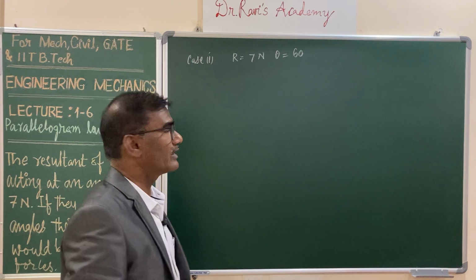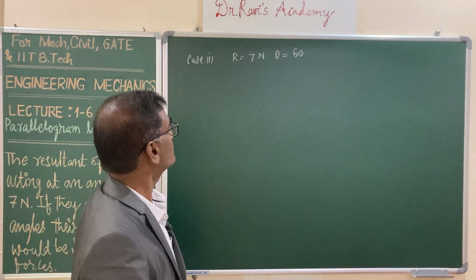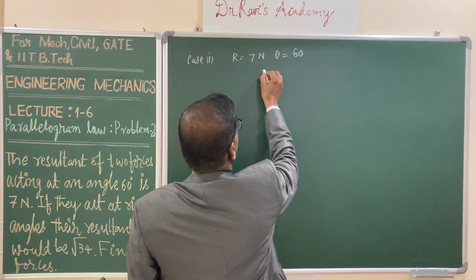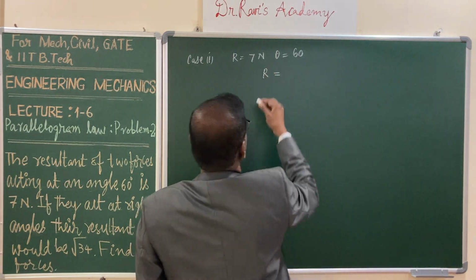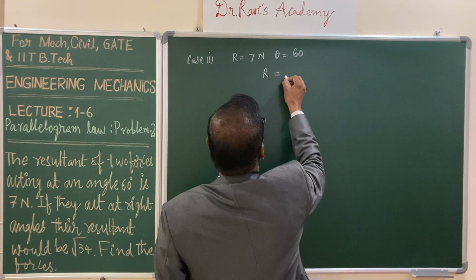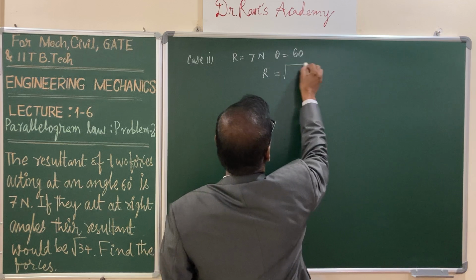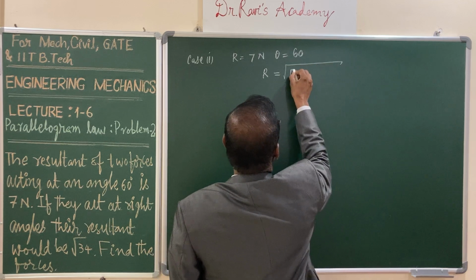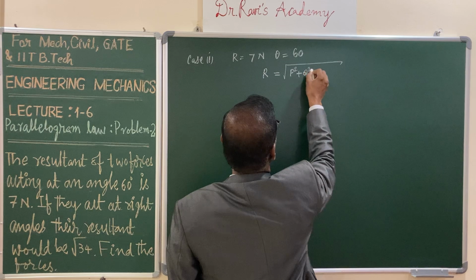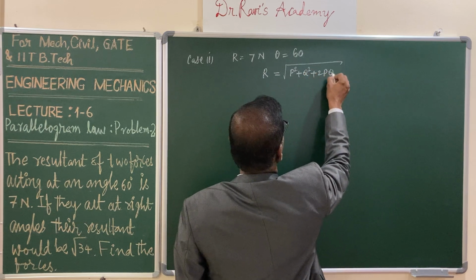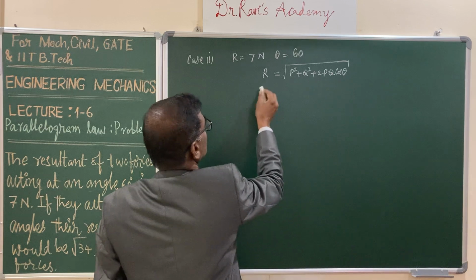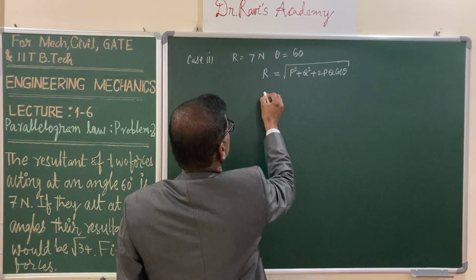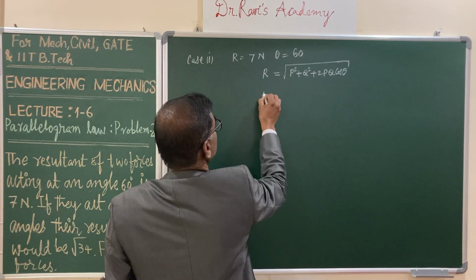And as you know very well, by the parallelogram law of forces, let us write the R value. R is equal to the square root of P square plus Q square plus 2PQ cos theta. This is the equation. You can write R square, that is 7 square, that becomes 49.